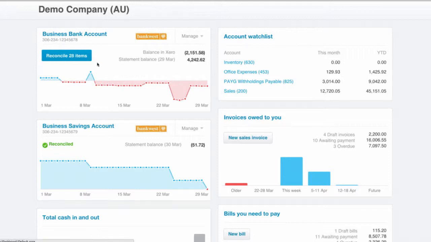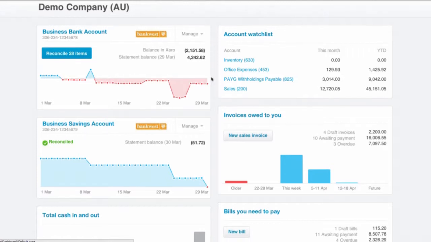Then your balance in Xero should match your statement balance, and you can be sure that the bank information in your balance sheet is right. As long as your coding and your GST are correct, the accuracy of your file and the confidence you can have in your numbers is hugely maximized because you've got that statement balance right. That's why it's so important to have this statement balance right.